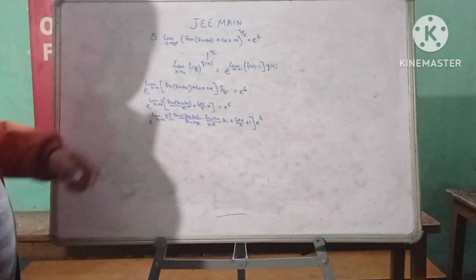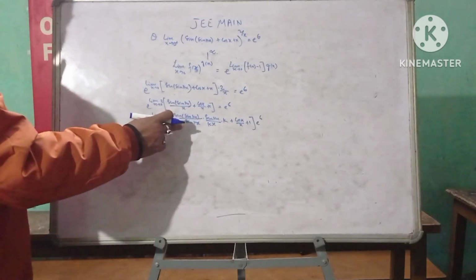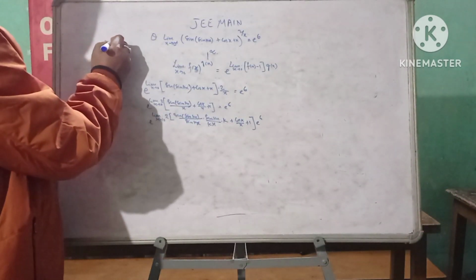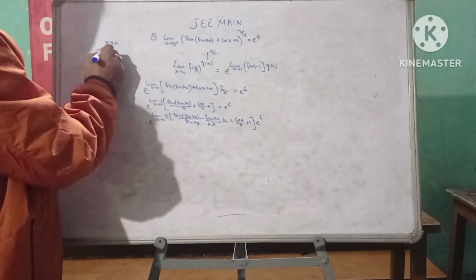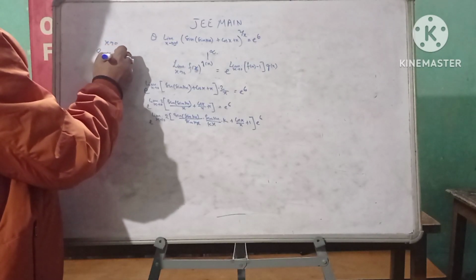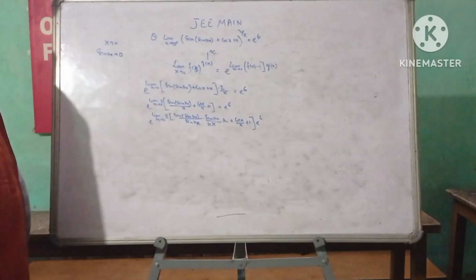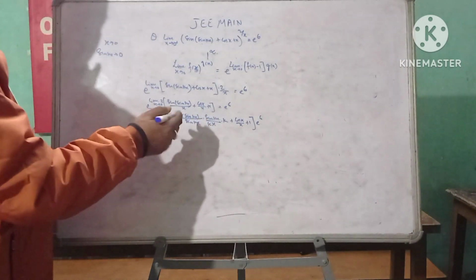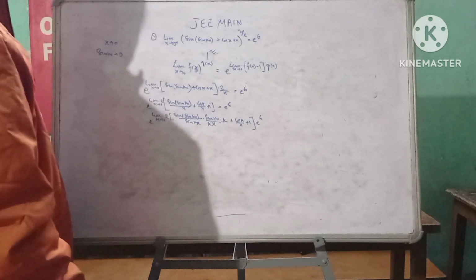So if you take the limit here, since x tends to 0, your sin kx will automatically tend to 0. Again here also, since x tends to 0, kx will also be 0.